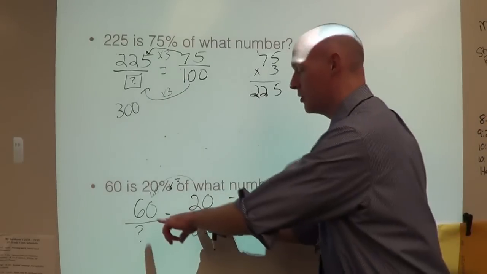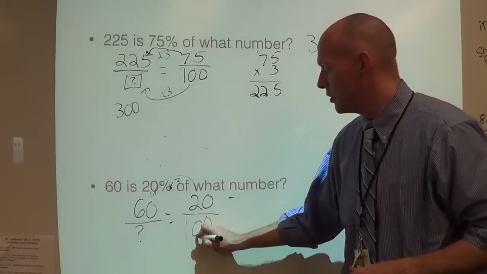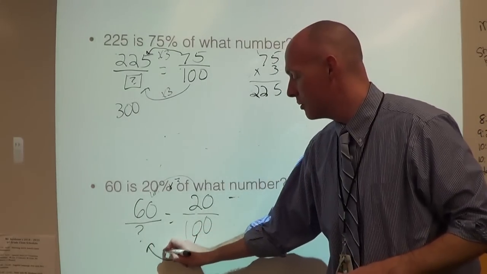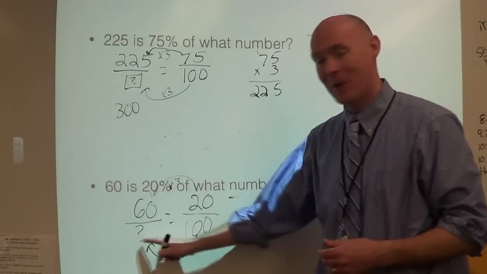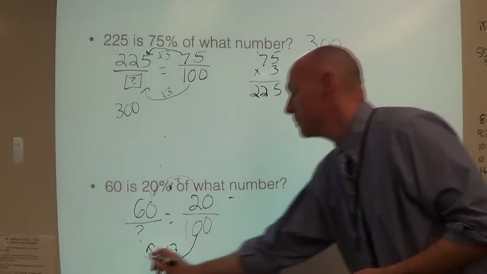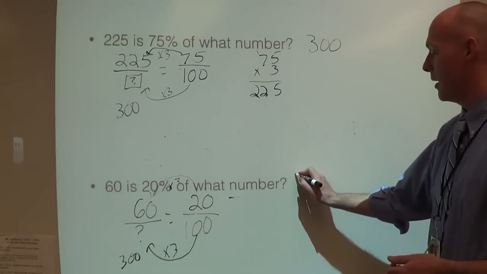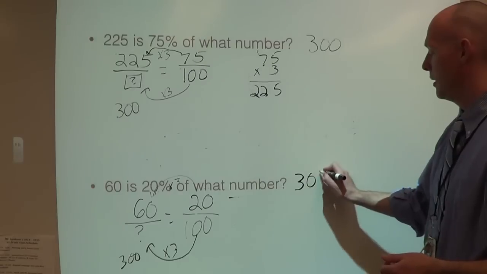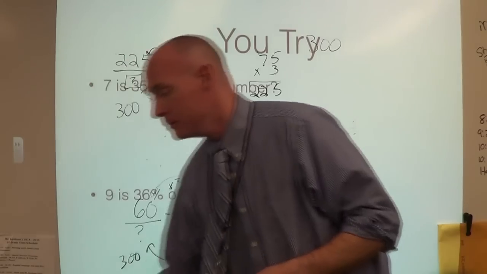I know that because 2 times 3 is 6, and then there's just the zeros. So down here, I also times 3. So 100 times 3 looks familiar. 100 times 3 is 300. So 60 is 20% of what number? The answer is 300. Okay, two for you to try on your own.